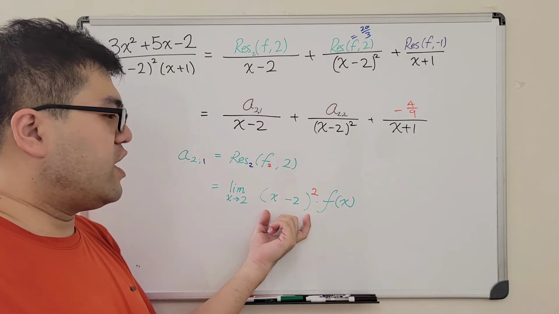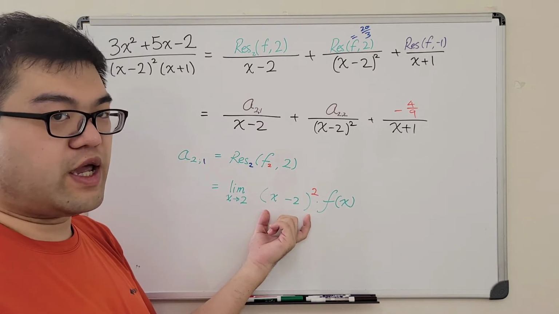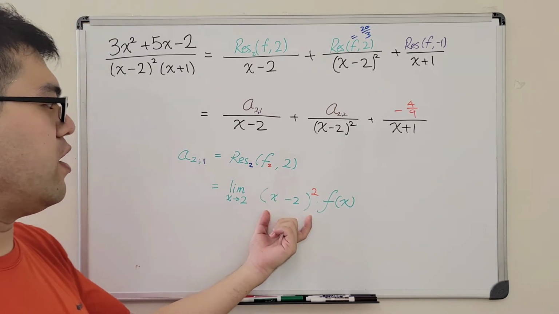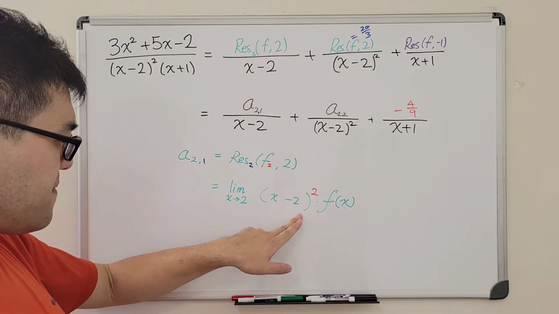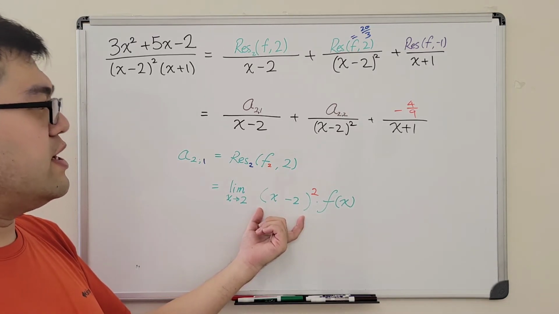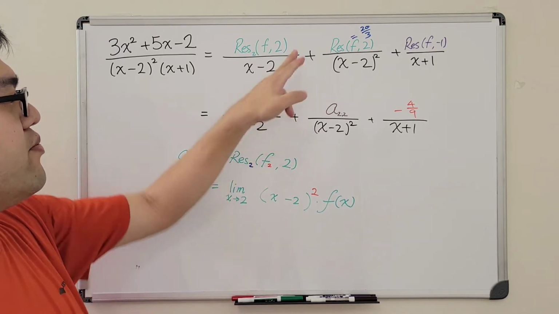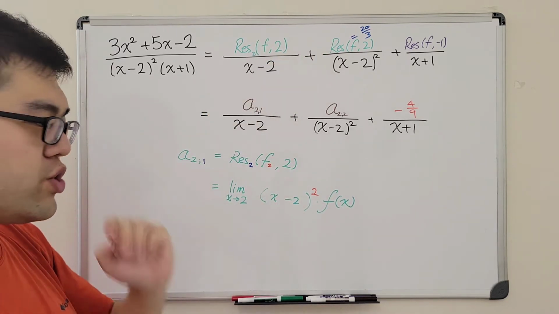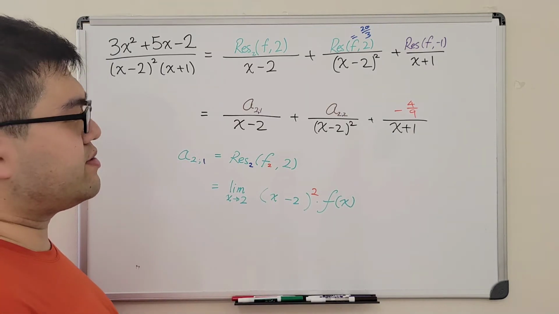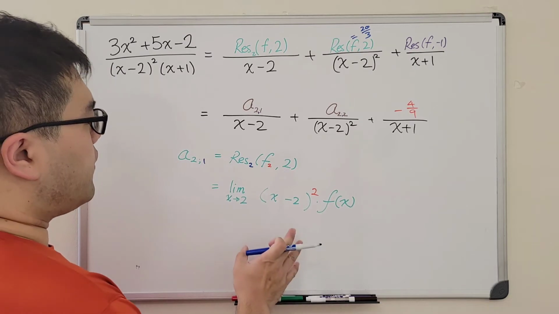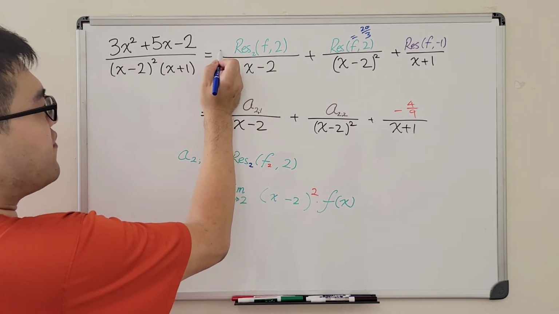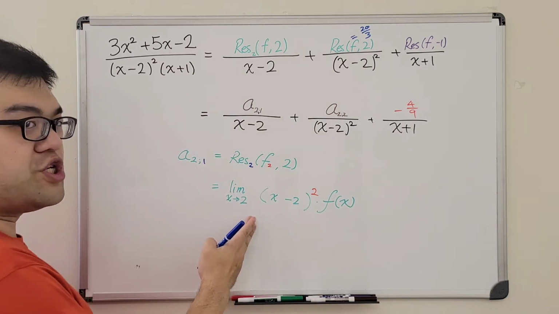Because if we go back to the definition, and again, I will explain in the next video because this is very long, if we only multiply with one copy, that residue is actually technically the sum of the two residues here, or it could be something related to it, but it would not just be the residue that we're trying to find. So how are we going to change it?